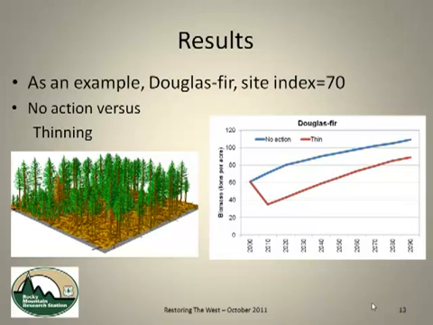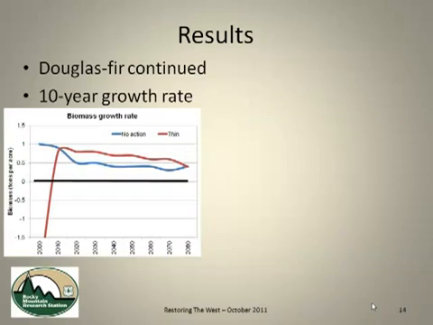But after thinning, the stand begins to accumulate biomass. And what we're interested in is whether the slope of those lines after thinning, that accumulation rate, is more rapid than the no action scenario. So another way to think about that is just to calculate those biomass accumulation rates over time.